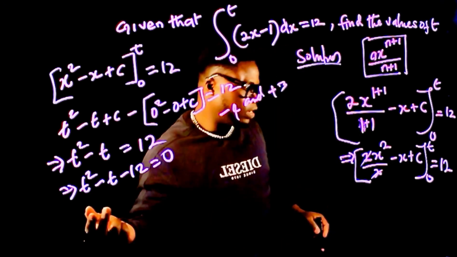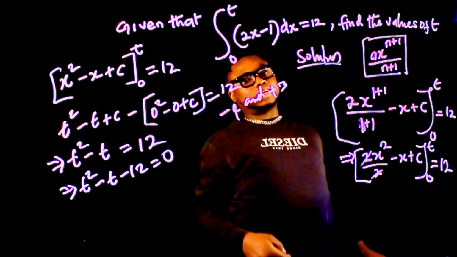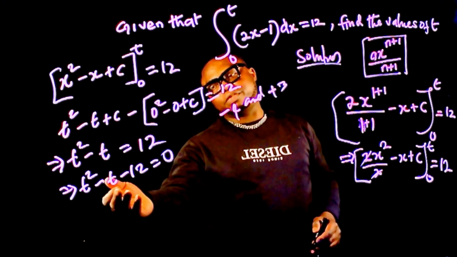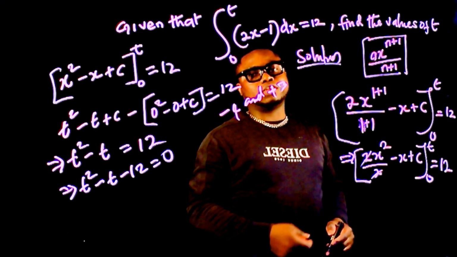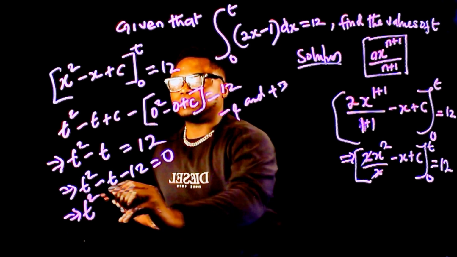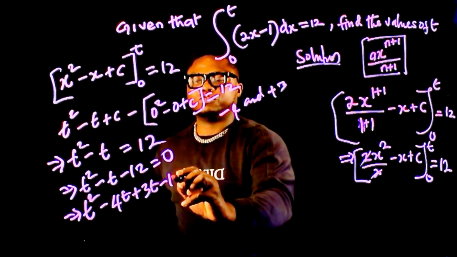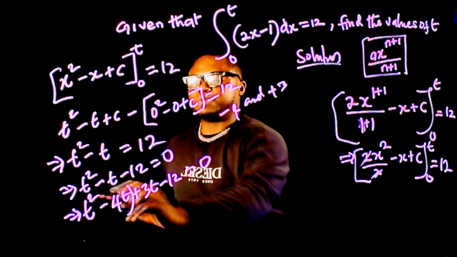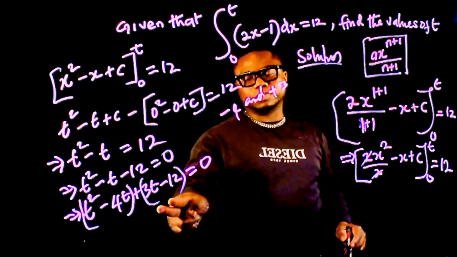Because I'm dealing with t as a variable, it's going to be -4t and +3t. Since I've found the two numbers, I'm going to replace the middle term, which is -1t, with these two terms, -4t and +3t, and I will have t² - 4t + 3t - 12 equal to 0. In this case, I'll factorize the first bracket and also the second bracket.